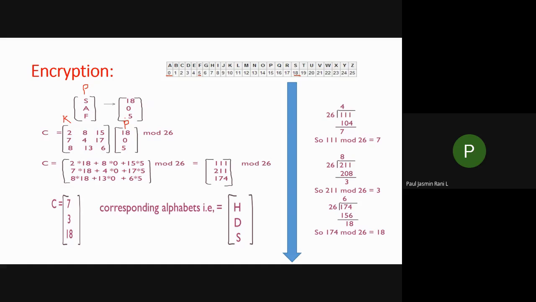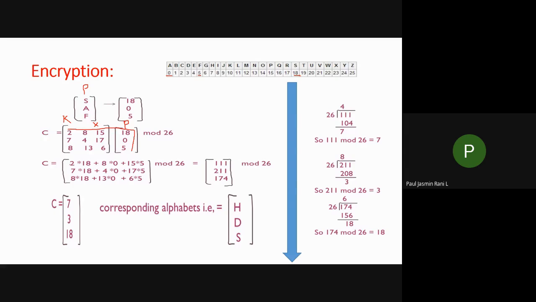After finding these, you have to multiply your plain text with your key, which is a matrix multiplication. See how we can do it. To get the first entry, you multiply 2 into 18 plus 8 into 0 plus 15 into 5.